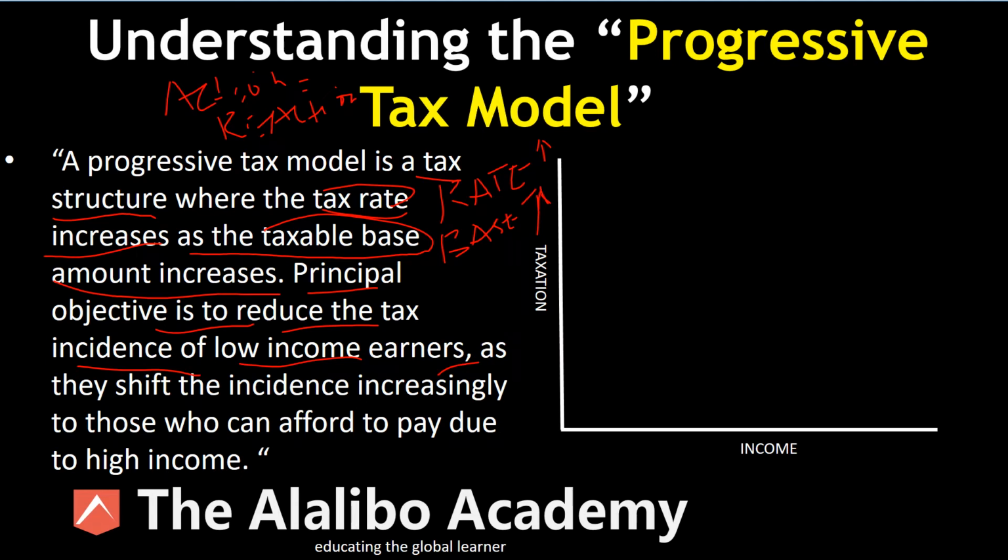And shift that burden of tax incidence to those that make a lot of money, those who can afford it due to high income. That's the principal idea of the progressive tax model, to ensure that those that earn lower income have lower incidence of taxation. In other words, they have less tax liability than those that make higher income.